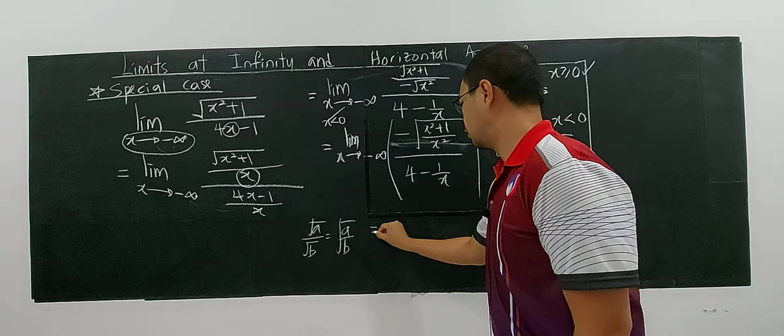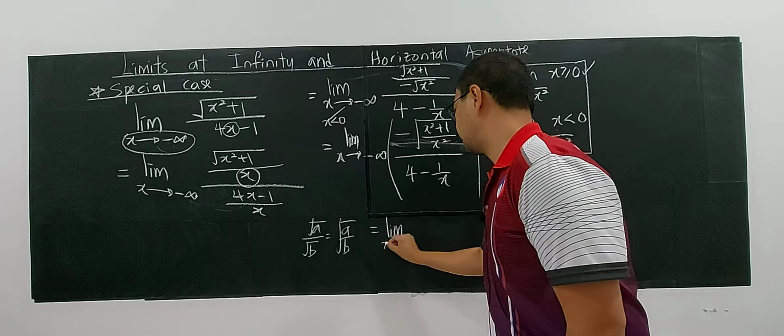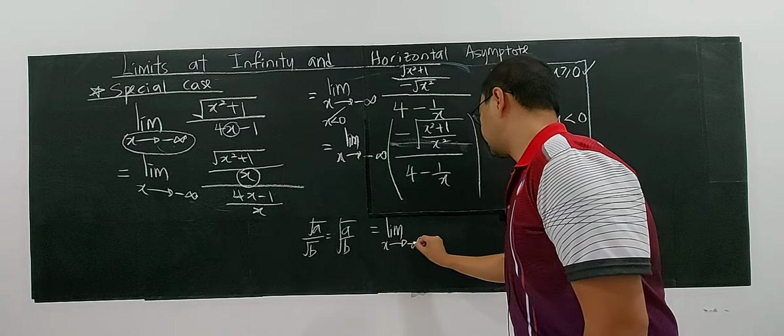So now you know the limit as x approaches negative infinity. Inside the square root, you can divide x squared over x squared. You get 1 plus 1 over x to the power of 2, divided by 4 minus 1 over x.